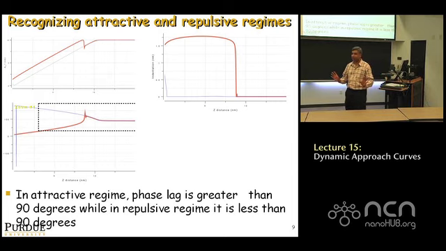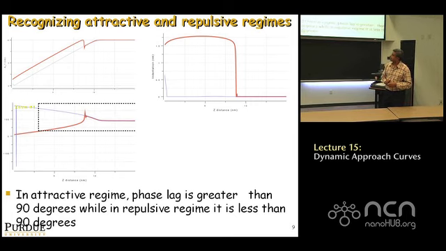That's why it's extremely important when you report an image to point out, are you in the attractive or repulsive regime? How do you recognize it? So if you go to the article in the Reader, Garcia and Perez, they point out a scheme by which you can try to look at this. So here's again on the top left the amplitude versus distance curve, blue approach, red retraction.